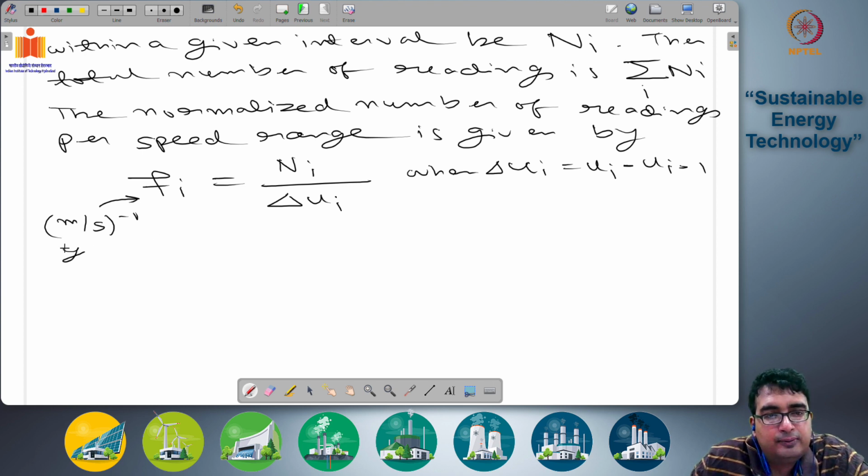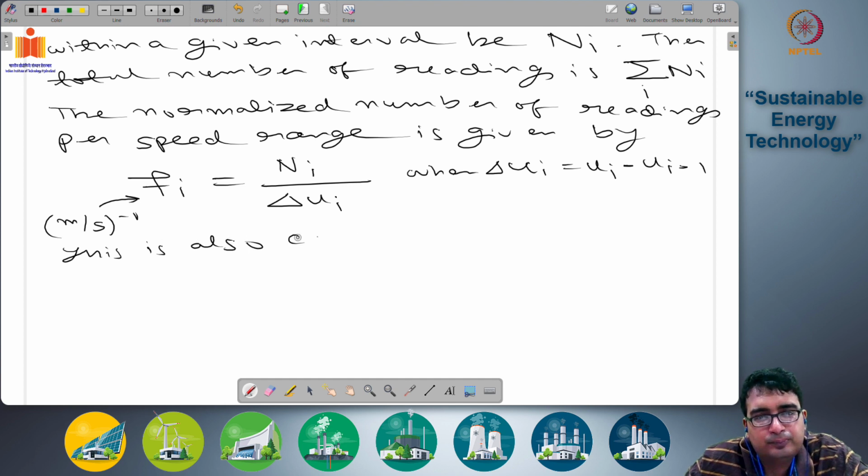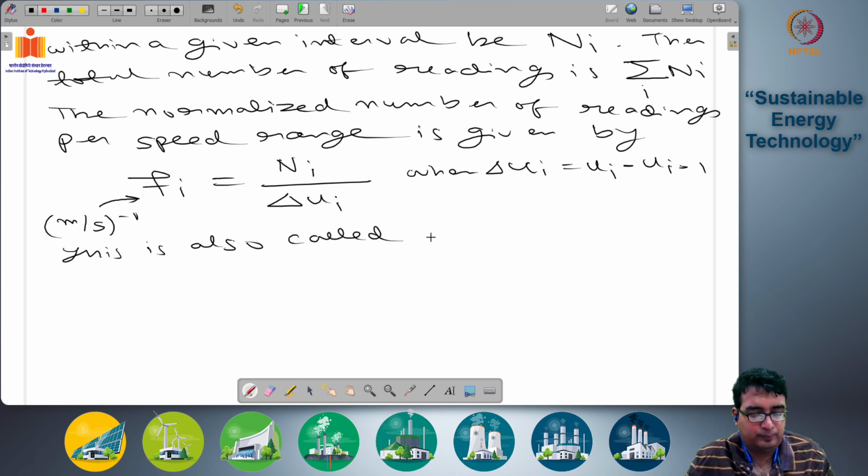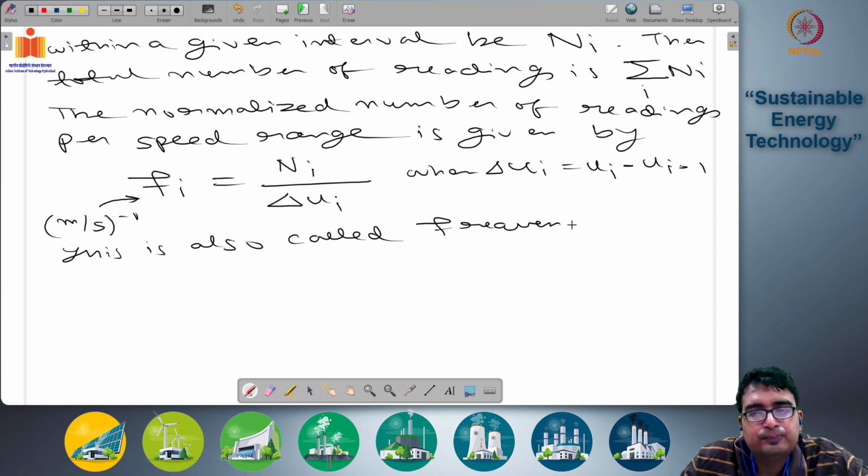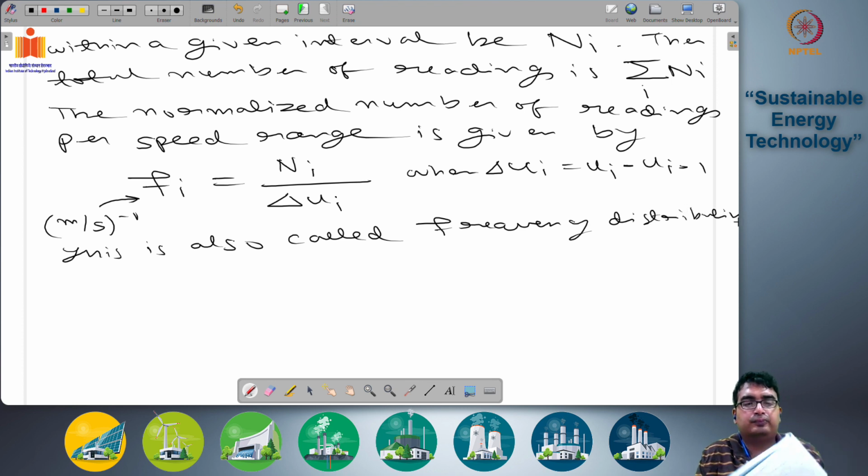This is also called the frequency distribution. Okay, so this is the frequency distribution of the ith interval.